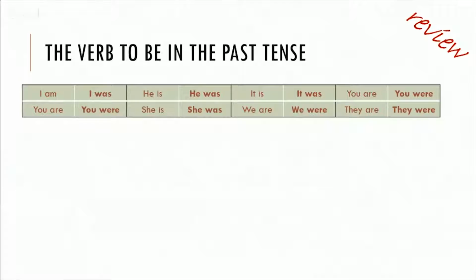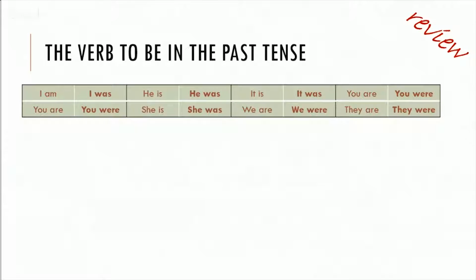So I started the last class giving you the verb to be in the past tense and giving you the present and the past next to each other so you can see the difference between the two. So we have I am, I was, he is, he was, it is, it was, you are, you were.